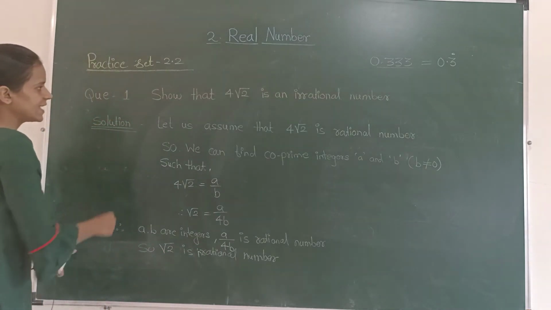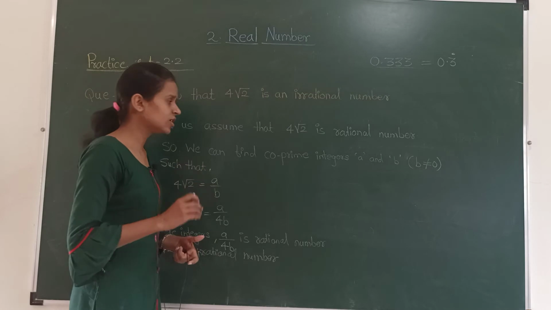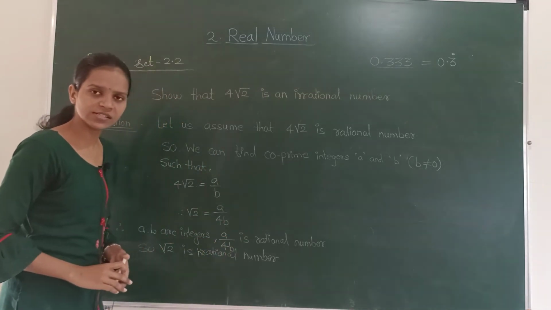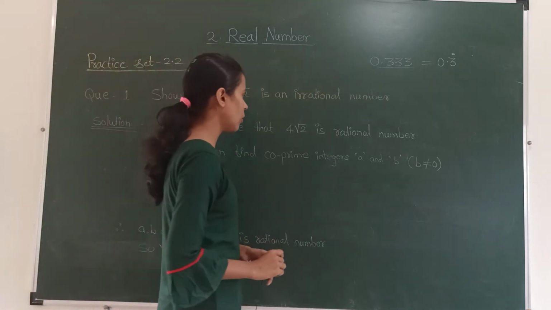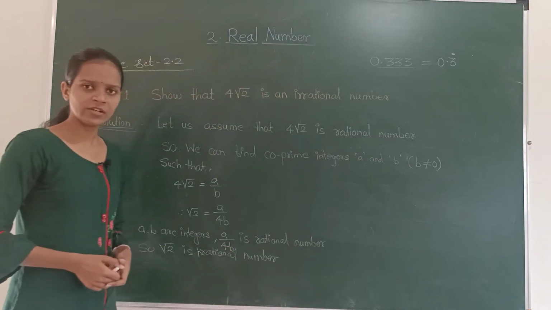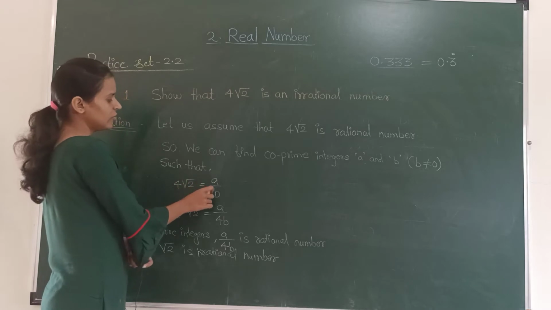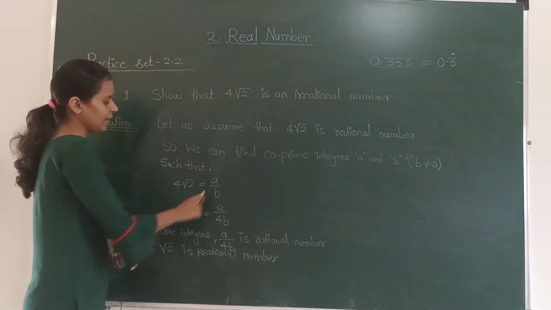So the solution is: let us assume that 4 under root of 2 is a rational number. If it is a rational number, we can find co-prime integers a and b, where b is not equal to 0, such that 4 under root of 2 is equal to a upon b.